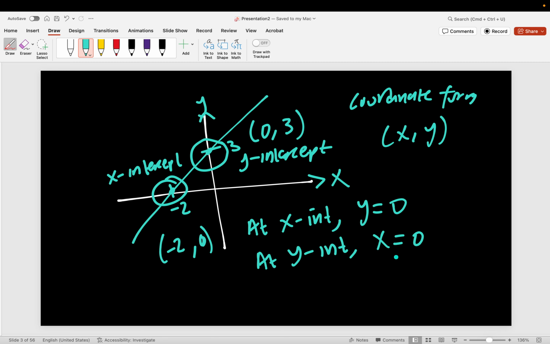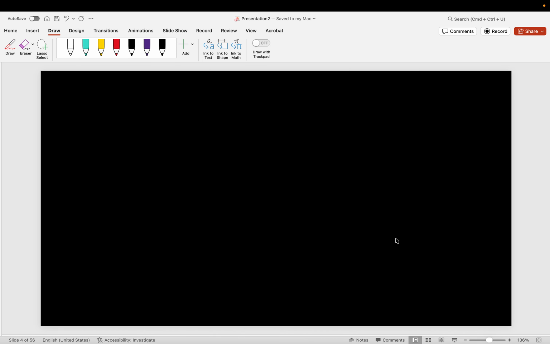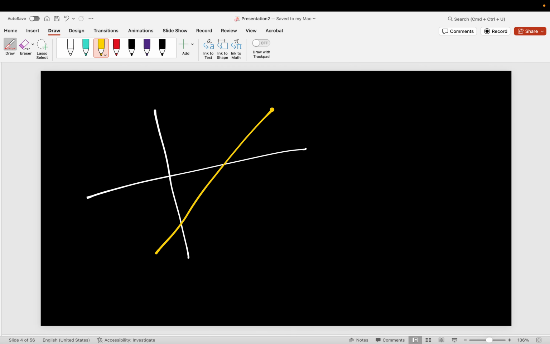Now that we know this, we essentially can graph our linear functions. Let me give you another example. Let's say this is -3, and let's say this is 2.